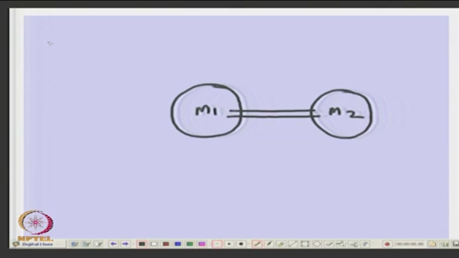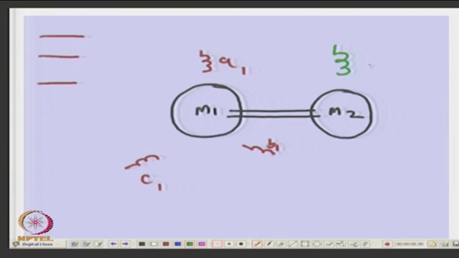There is a 3 phase supply anyway, and you have 3 phase windings, let us say ABC. Let us say the two machines are identical, A1, B1, C1 and A2, B2, C2.